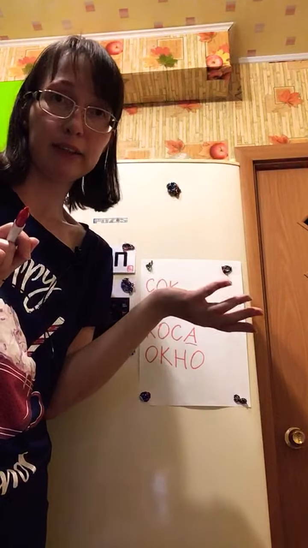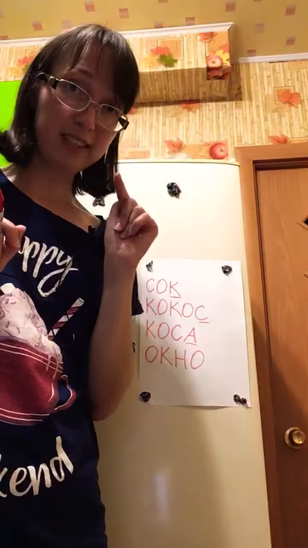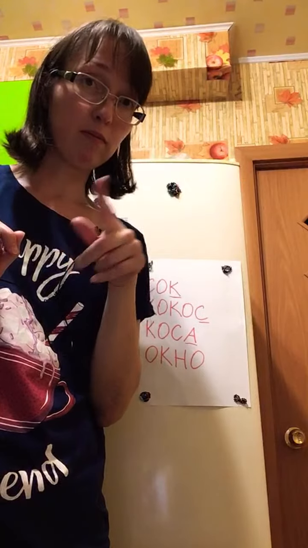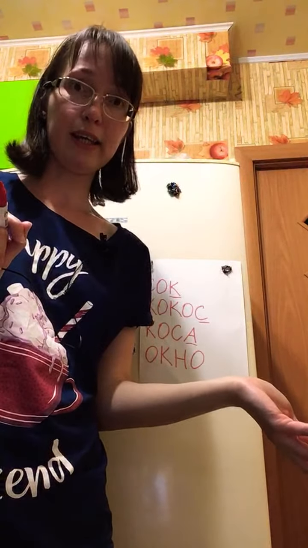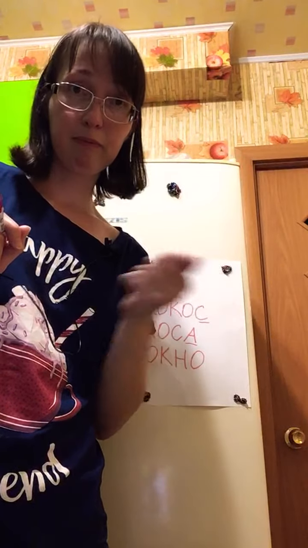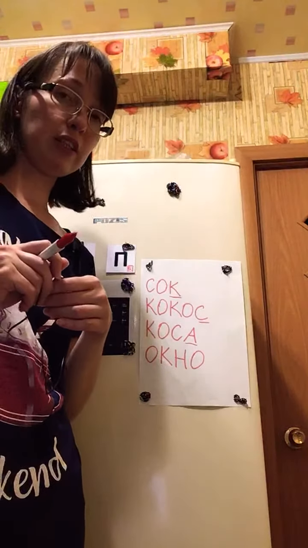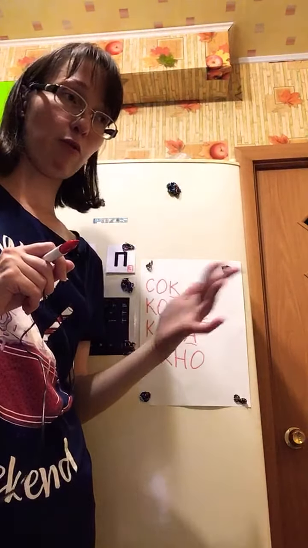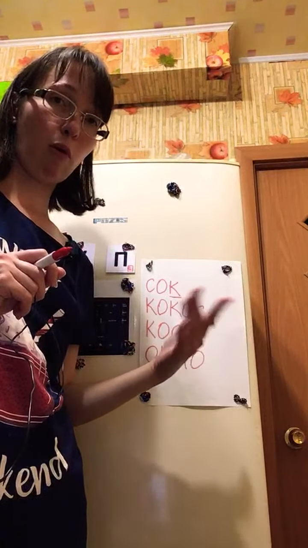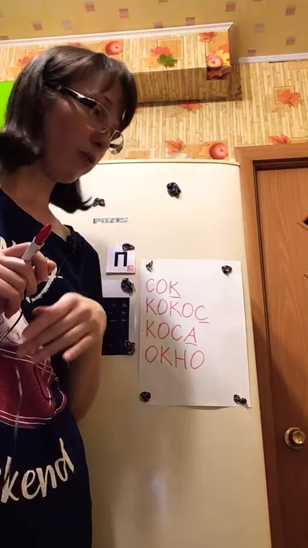So A is in the end and it's a female name, Natasha. But, for example, my boyfriend's name is Dima. A in the end again, but he's a man. So it's a male's name. Okay? When you don't know enough words, yes, it's pretty difficult to guess which name is for women, which name is for men, but when we learn more, I will explain the names too.